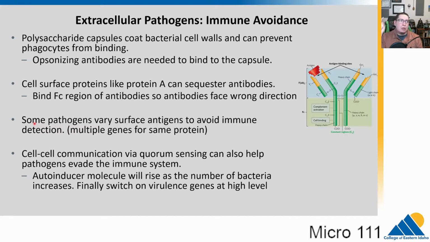If you had one bacteria that went in and it started making toxins and things like that, the body would notice that real quick, and all the immune system would rush there and kill that one cell. So what the bacteria do is they come in and they multiply and multiply and multiply until there's hundreds, thousands, millions of bacteria in there. And then all together, they switch on their pathogenesis genes, their virulence factors, and that overwhelms the body. So this can be very, very dangerous at this point.